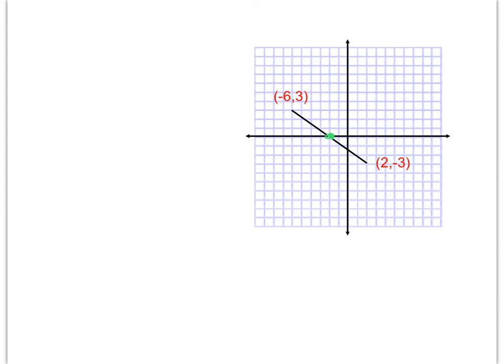So the average of my x's, -6 and 2, is -6 plus 2 divided by 2, which is -4 over 2, which of course is -2. I'm going to write that down here. That's my x. My y is going to be the average of the y's, 3 plus -3.